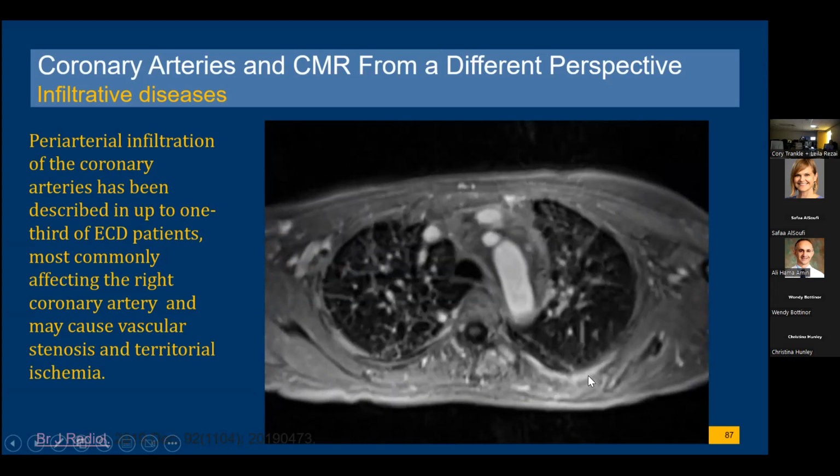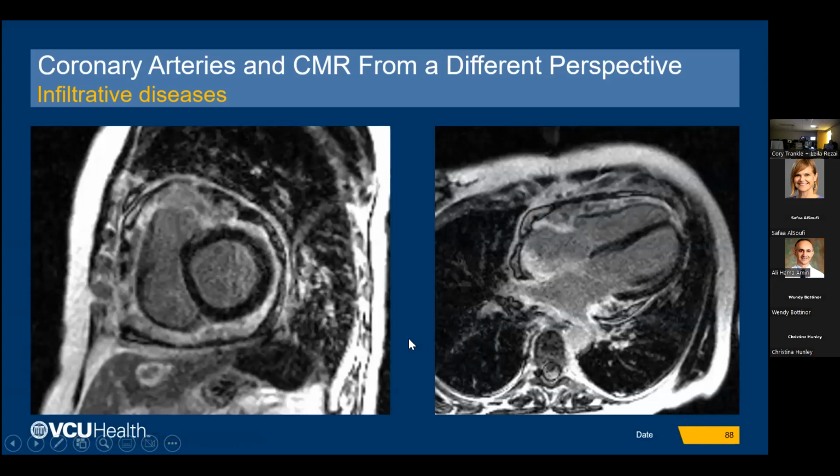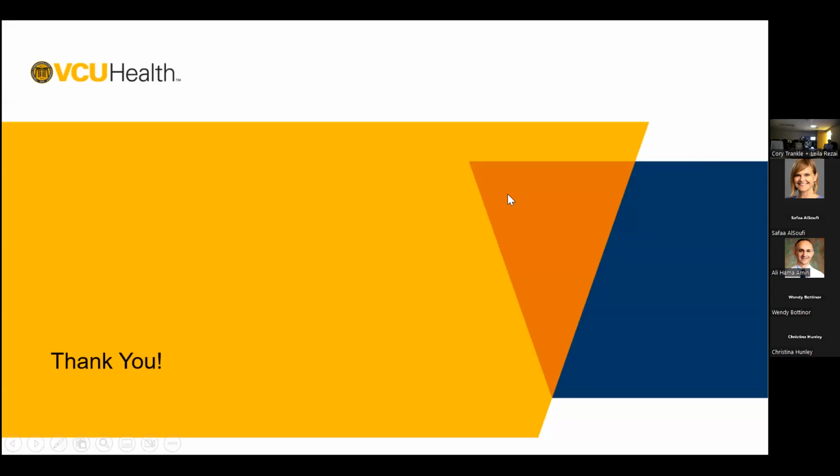We also see edema in the chest wall and soft tissue. Now on the delayed post-gadolinium sequence, we have enhancement in all areas. This is the pericardium, which is thickened, and we have a little bit of effusion within the pericardium. Thank you so much for your attention.